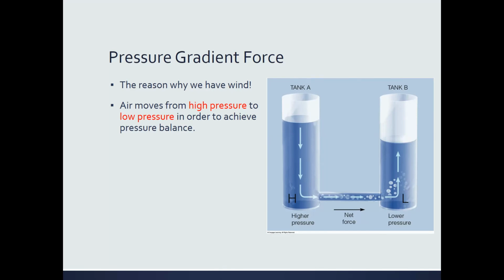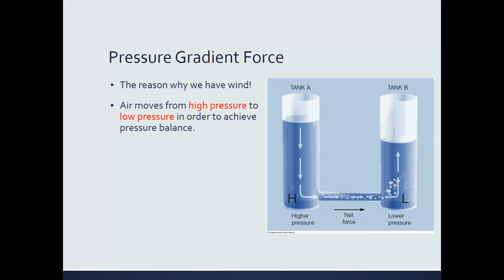If you had 2 tanks of water and you filled them to uneven heights and you connected a hose to them, they would balance each other out. Now, what I really want you to get about the pressure gradient force, not even connected to the 2-column model if you don't want to, is that wind blows from high to low.